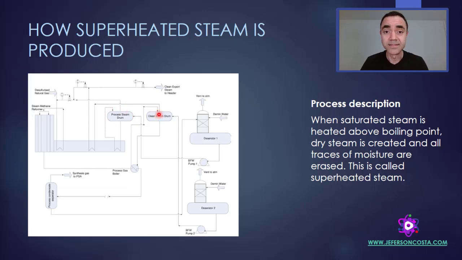But now the saturated steam that is produced is exported and passed through the heat integration. When I heat this steam up even more, it goes to the superheated region, and now I can export it to my client.